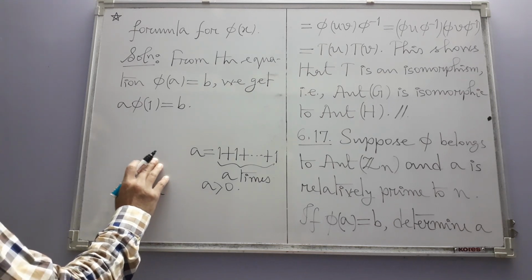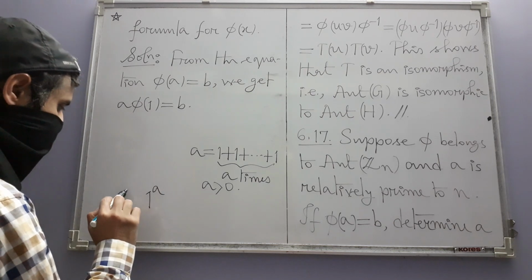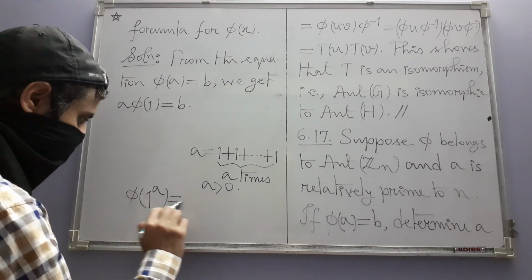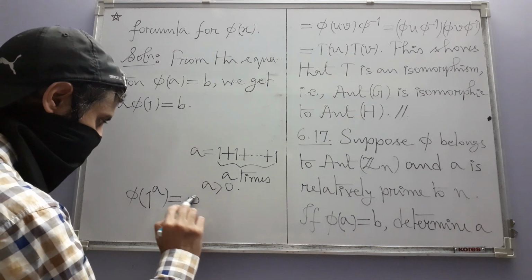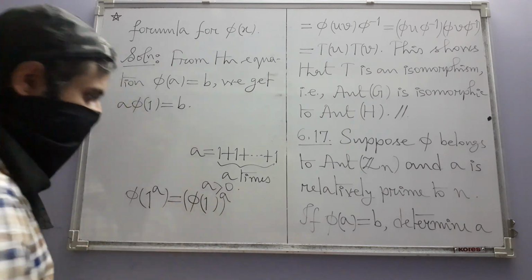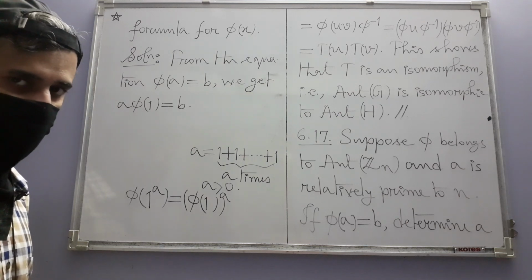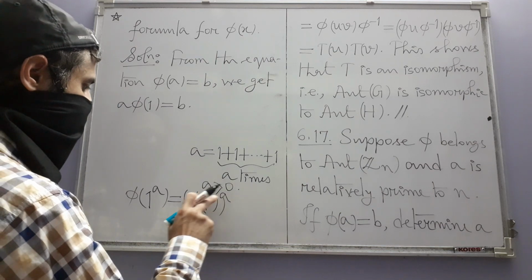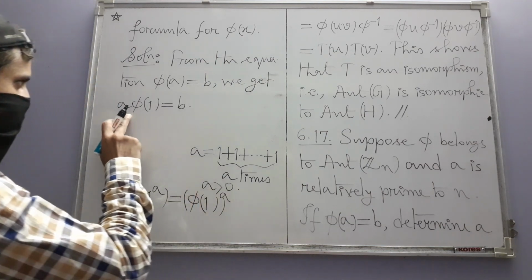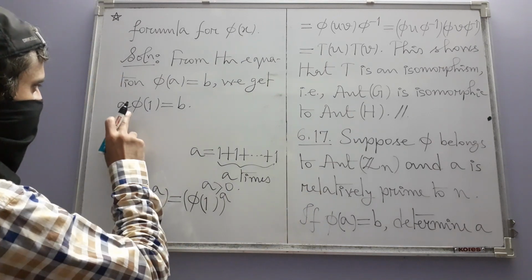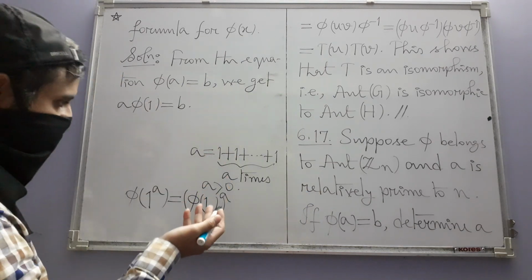Now, if on this you apply an automorphism, then from properties of automorphisms this just simply becomes the A-th power of phi of 1. And that A-th power of phi of 1, if you translate things back to this group, because we are dealing with an abelian group, is just A times phi of 1.